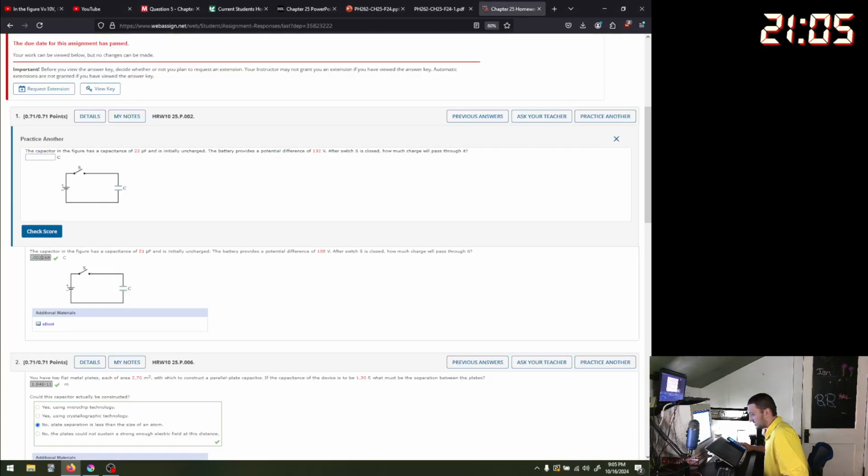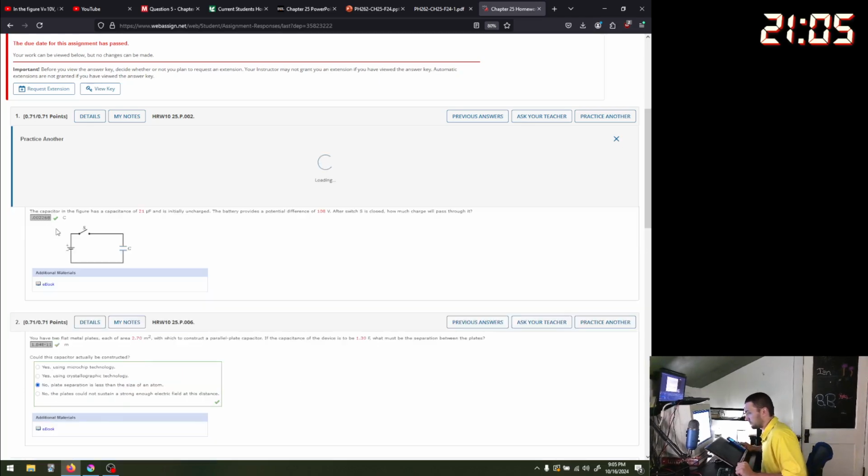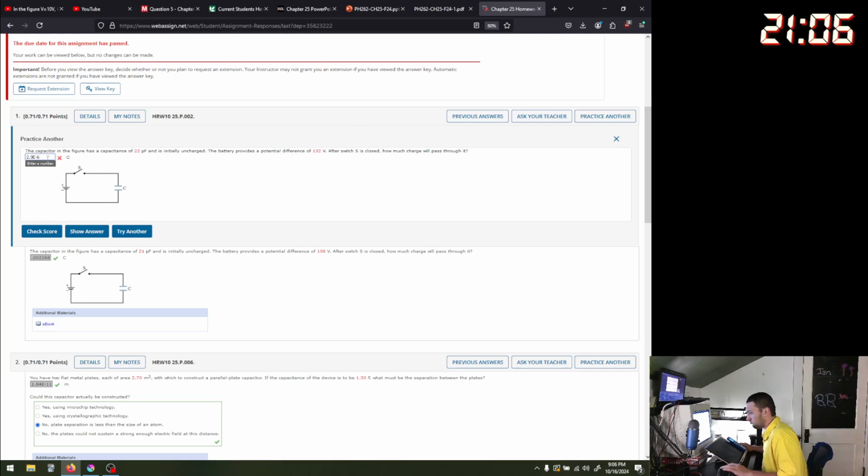Given that is that, mine's not close to that. Well, let's try it. 2.9 e to the negative 6. E to the negative 4? 22 times 132, e to the negative 3rd.